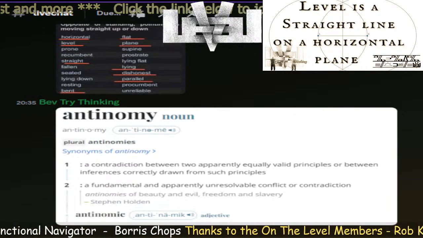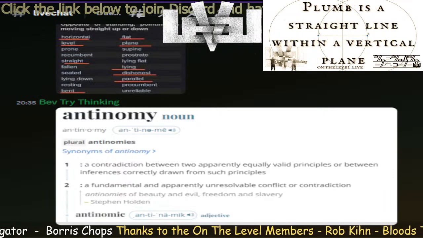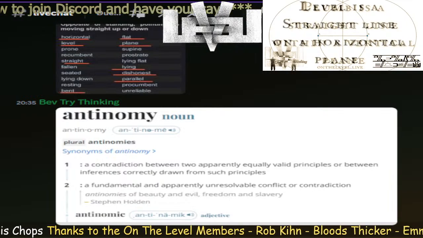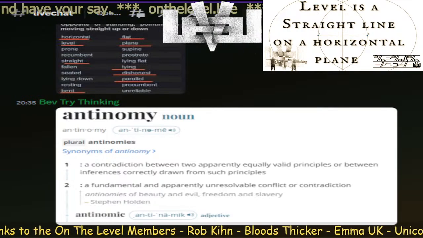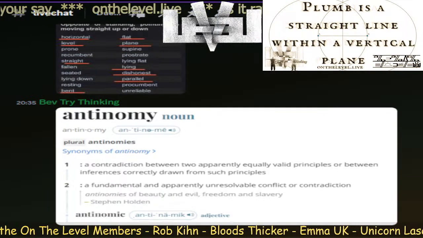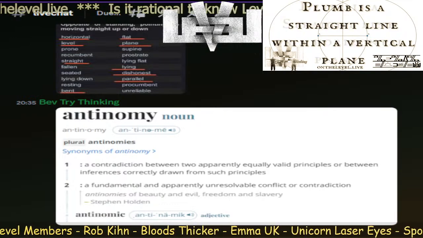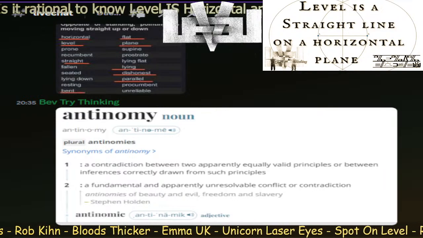But again, in this dictionary, opposition of vertical is flat and plane. Mm-hmm. So it means that flat and plane are the same. And it puts them in opposition to vertical, which is ridiculous.